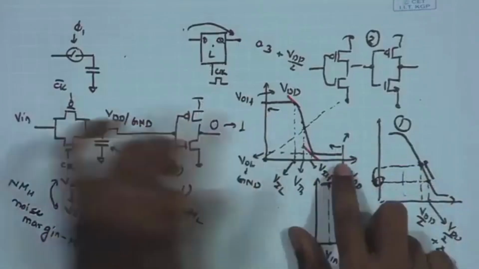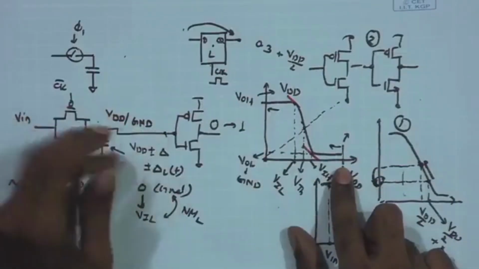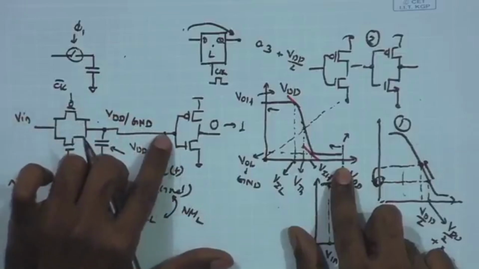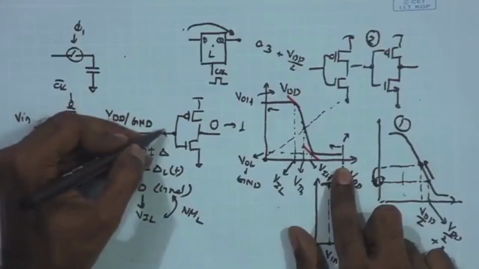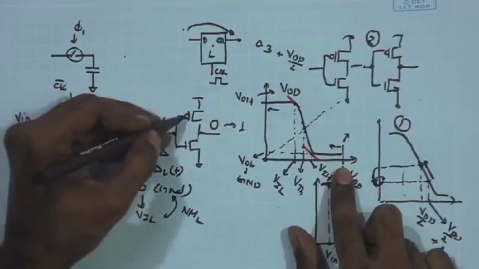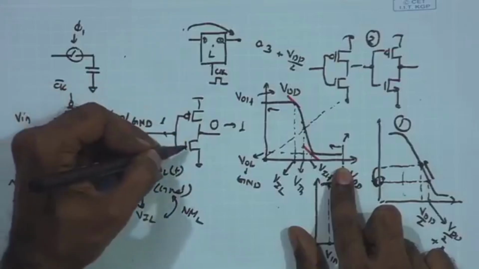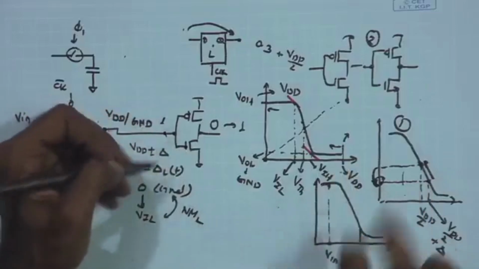For example, if I am looking at the high level over here, when this voltage is high, of course, we assume that this PMOS is going to be off and this NMOS is going to be completely on as a good switch.